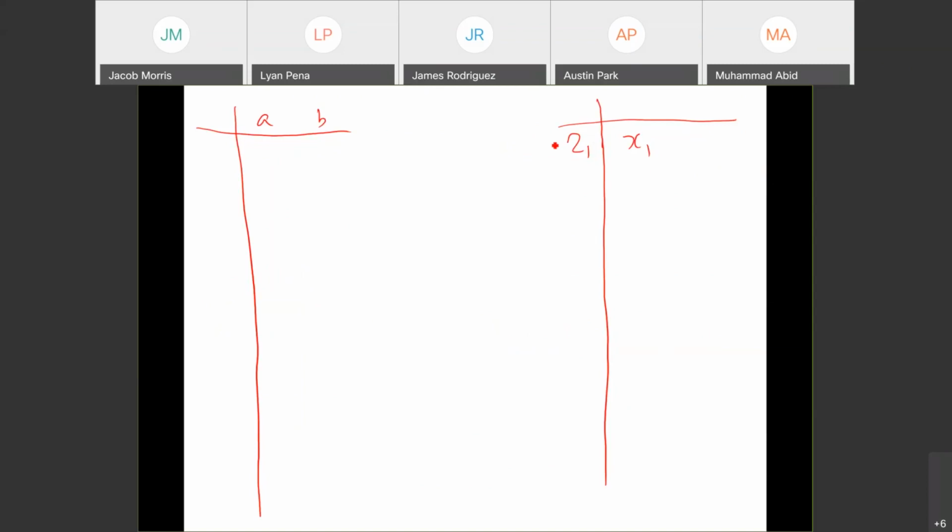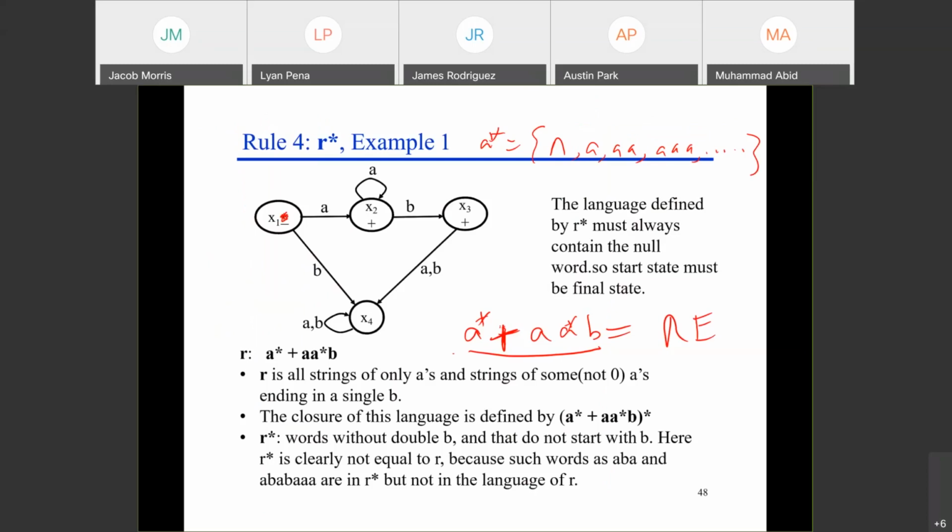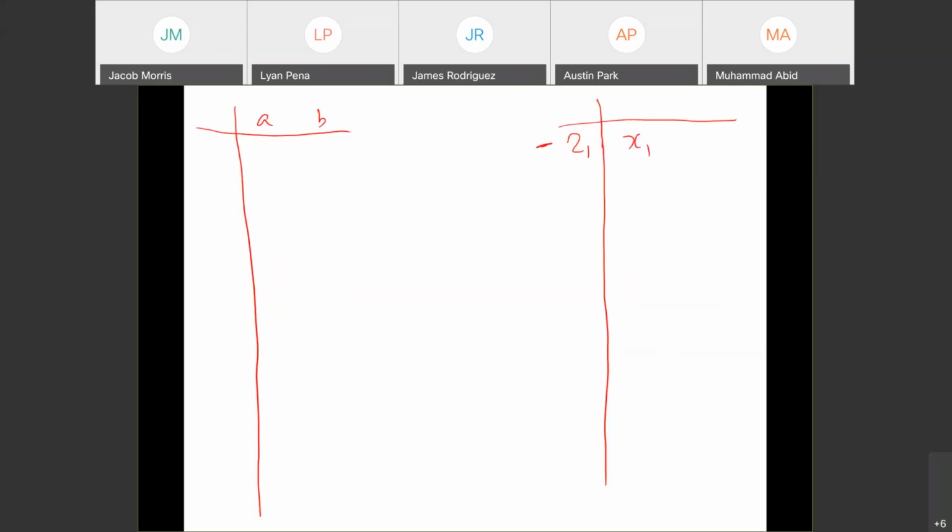Z1 is the start state. Regardless of whether your start state is a final state or not, Z1 must be a final state, because you know that when you apply the Kleene closure property, it will have one word, lambda, and lambda is only possible when your start state is a final state.